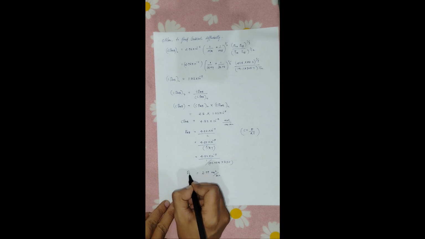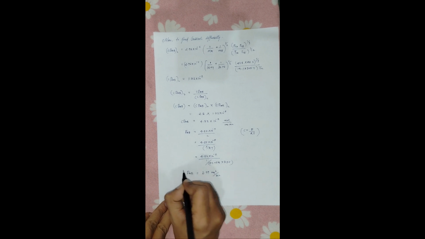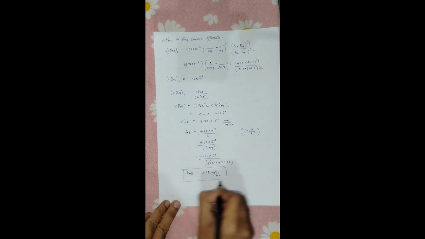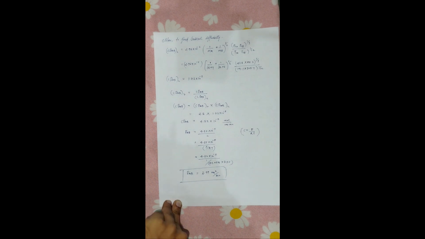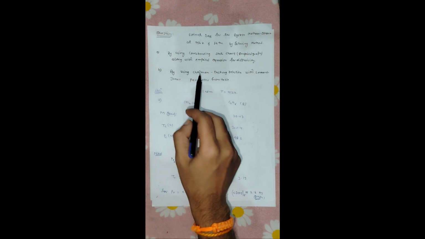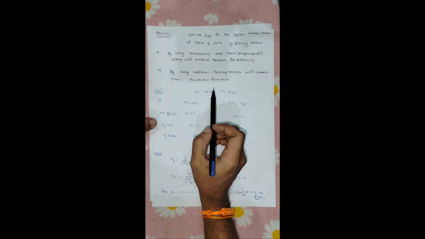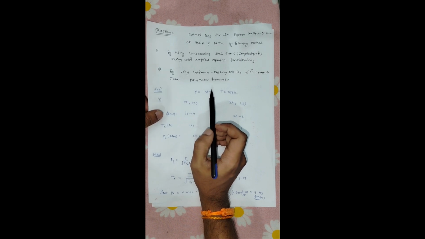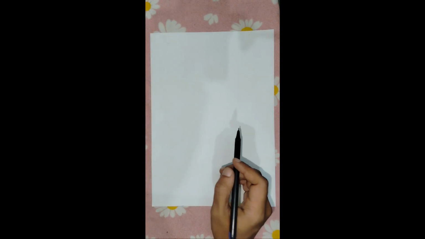So this is the diffusivity for our first question, part A. We have successfully calculated it, and now we'll move to part B. Part B is using the Chapman-Enskog relation. So now we'll estimate diffusivity using this relation. So let's move.